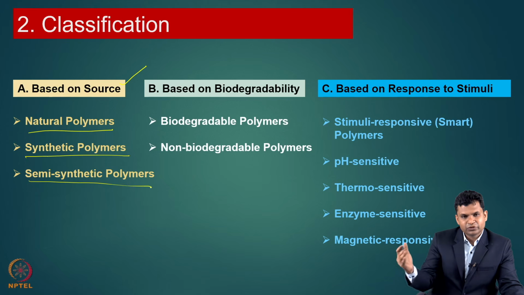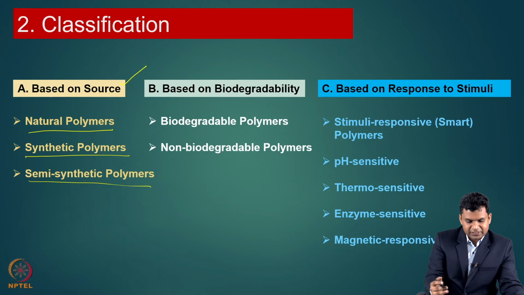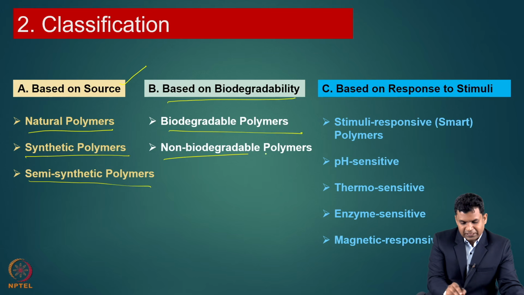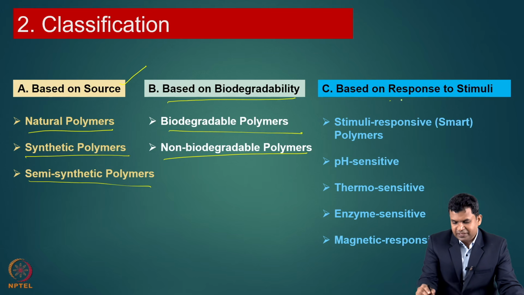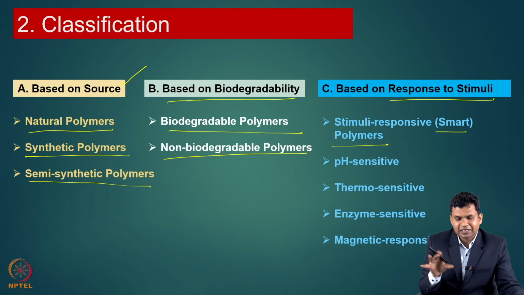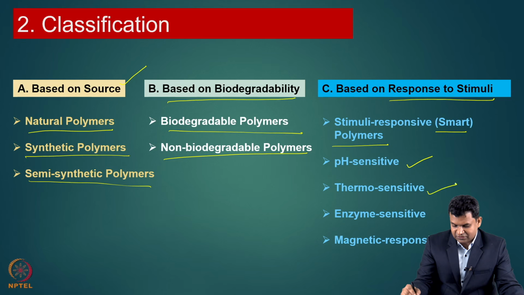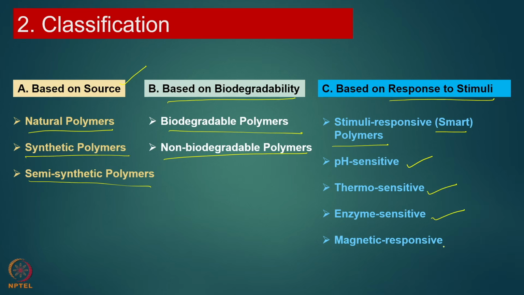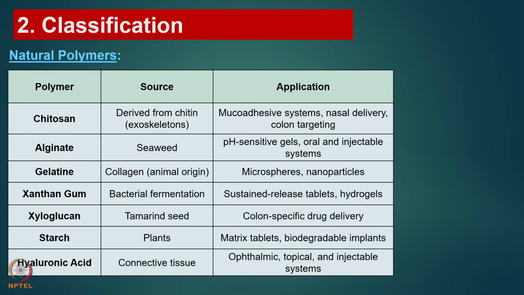In the next slide we are going to see the details. Based on biodegradability: biodegradable and non-biodegradable polymers. Based on response to stimuli: smart polymers which respond at a particular site to pH, temperature, enzymes, and magnetic responsive polymers. These are used in drug delivery applications.